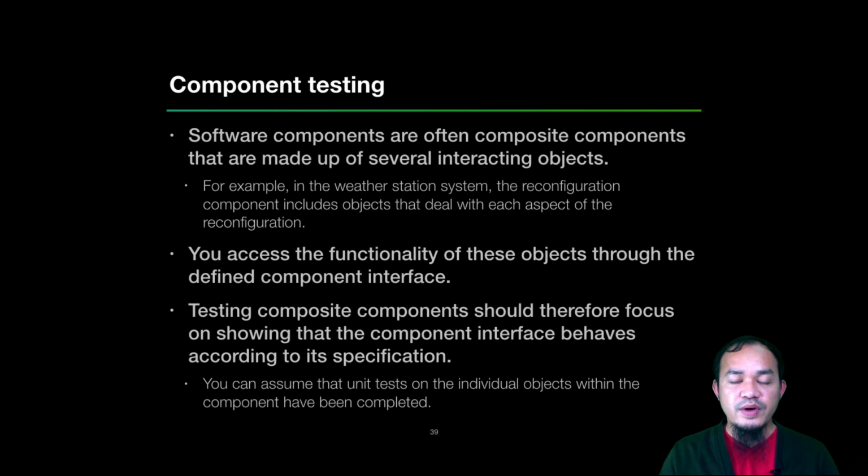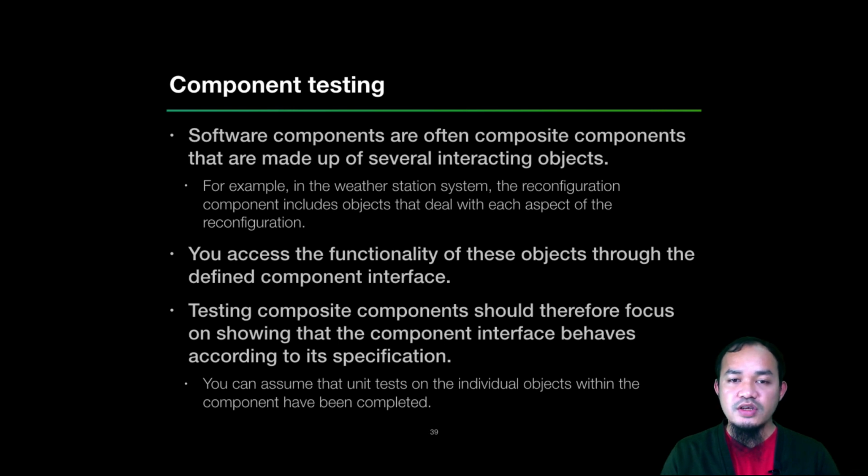In a software component there are many objects, many classes inside, so we have to test them also, because in a component there are many functions that make interactions between objects. We want to make sure that the interaction is correct, without any error.